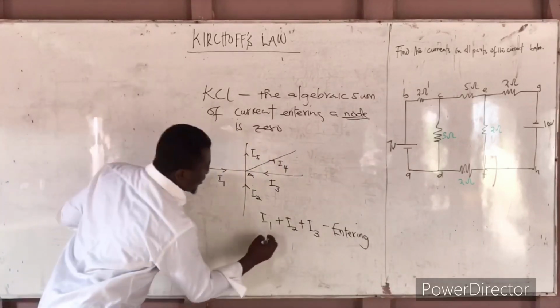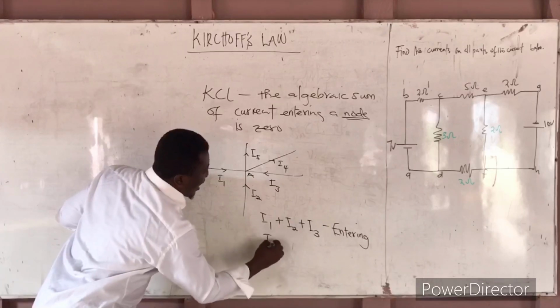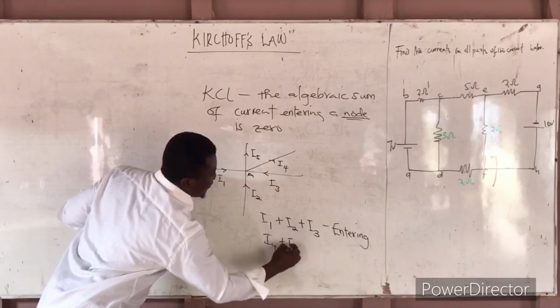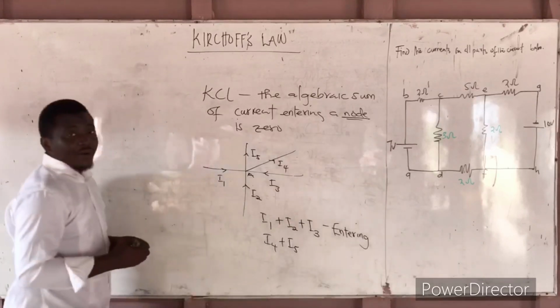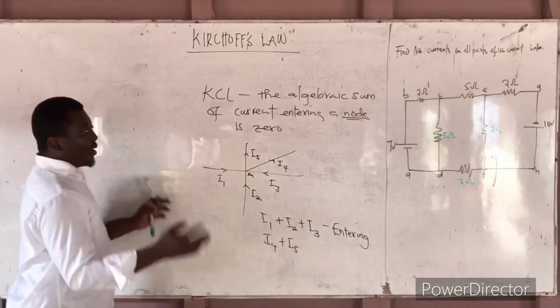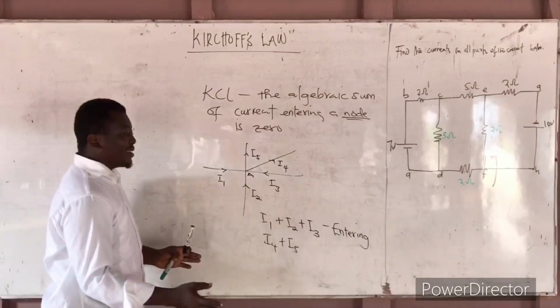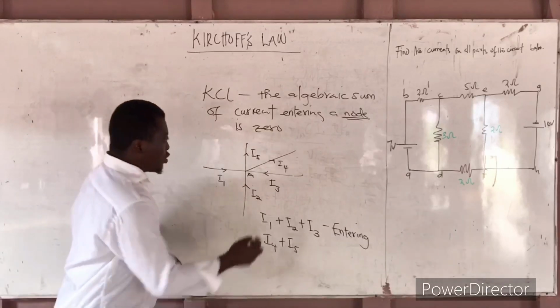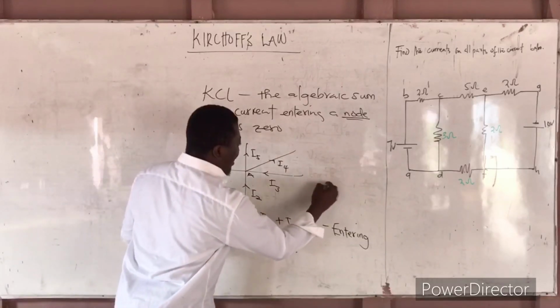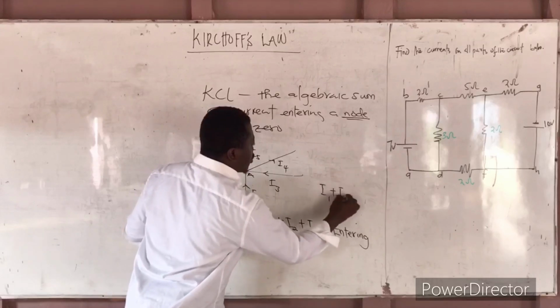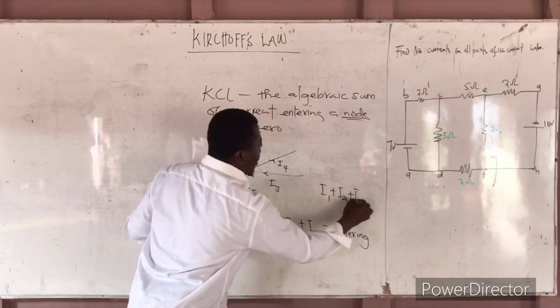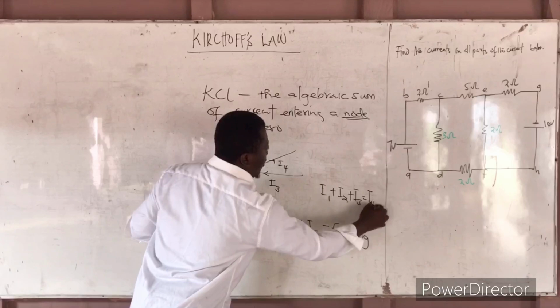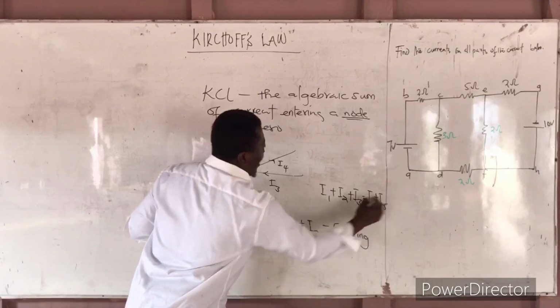Then the ones leaving are I4 and I5. So from the second law I stated, current entering the node is equal to current leaving the node. So you can put them together: I1 plus I2 plus I3 is equal to I4 plus I5.